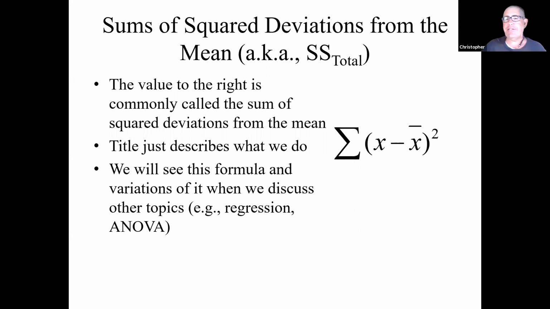However, that just really describes what we're doing. We're summing the squared deviations. Deviations from the mean just means how far each score was from the mean. So that's just a description of what we're doing rather than a fancy name. We will see this formula and variations of it when we discuss other topics, regression and ANOVA, really a core piece with those. So I'd like to highlight the importance of this value right off the bat.